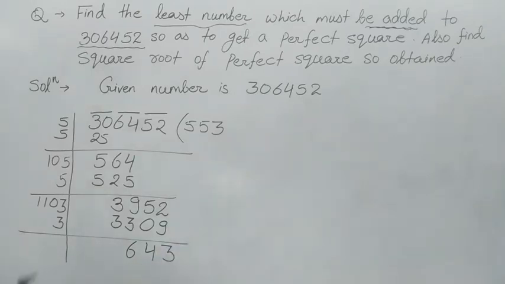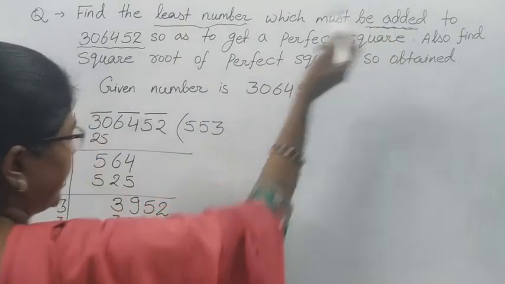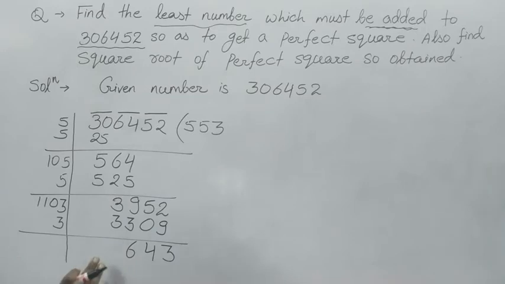That means look at the last step of the long division method. When we use 3 here, then we have the remainder. Since it is the case of addition, and we get the positive remainder as 643.